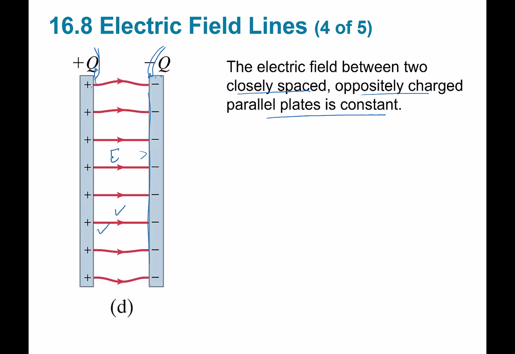Hence, the electric field here is uniform. It starts from positive and ends at negative, just like we know that the electric field lines emerge from positive and end at negative if we encounter a negative charge. So this is also an example of a parallel plate capacitor in electricity.